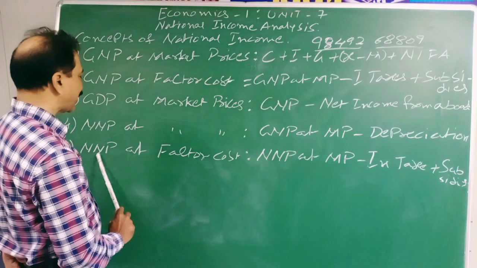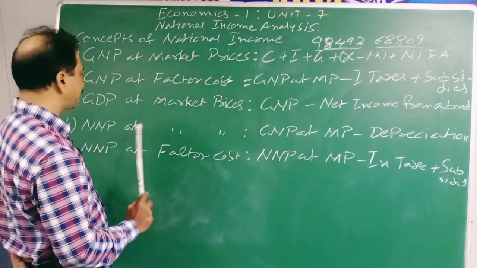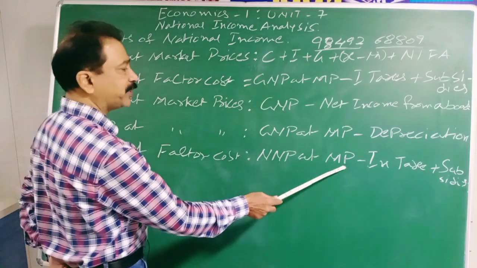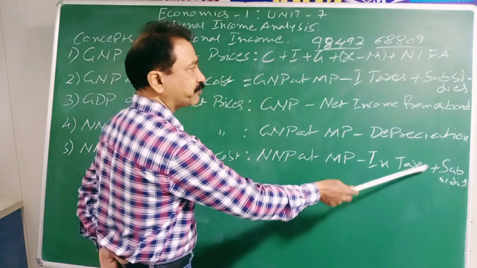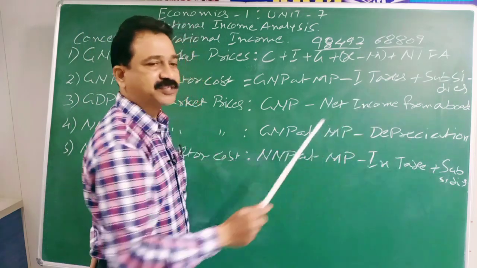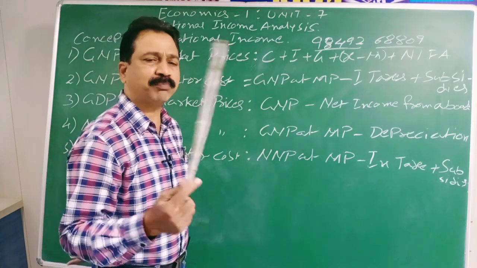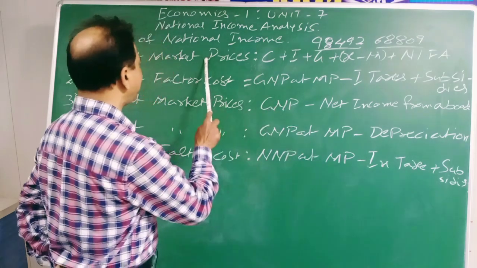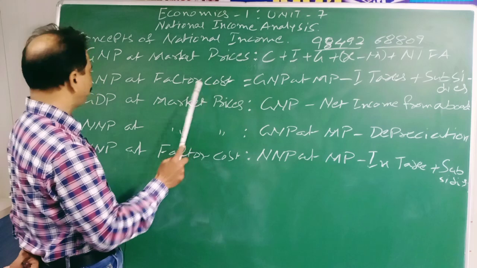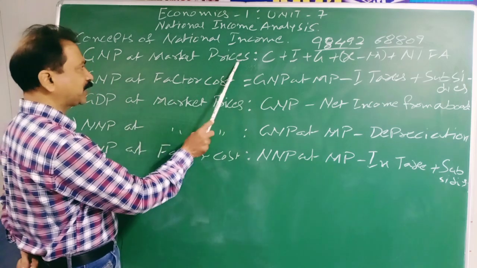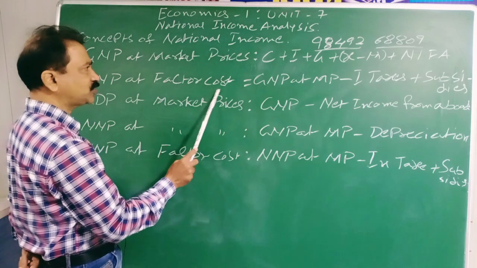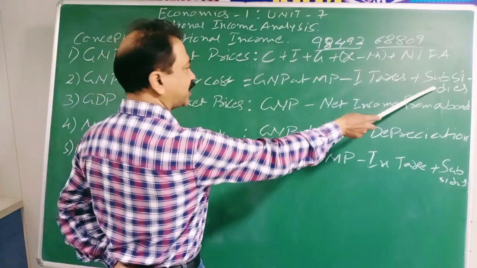Same way, to know the NNP at factor cost, we will take NNP at market price and we remove indirect taxes and we add subsidies. So simple. Same like 1 and 2, we will do the 4 and 5. We know the market prices. To know the factor cost, you have to remove the indirect taxes and add the subsidies.